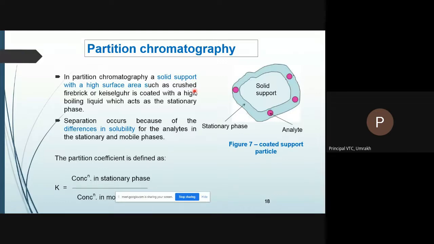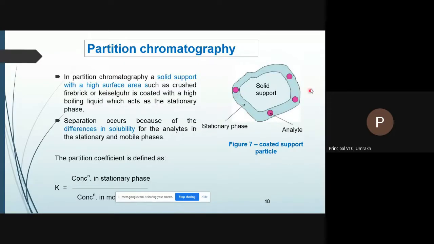Suppose an HPLC column. In an HPLC column also we will have partition. The solid support will be bonded with some liquid or other compounds, bonded groups, and that bonded group should remain for a longer time, otherwise your column will degenerate and cannot be used further.